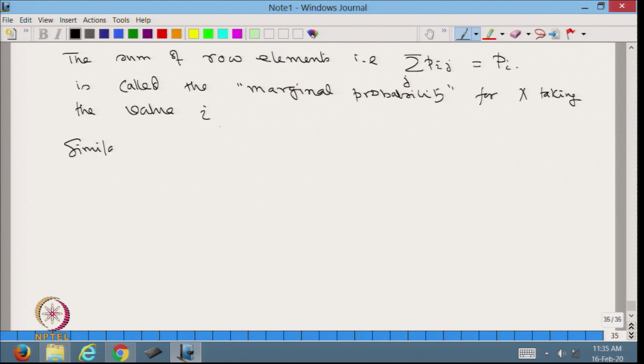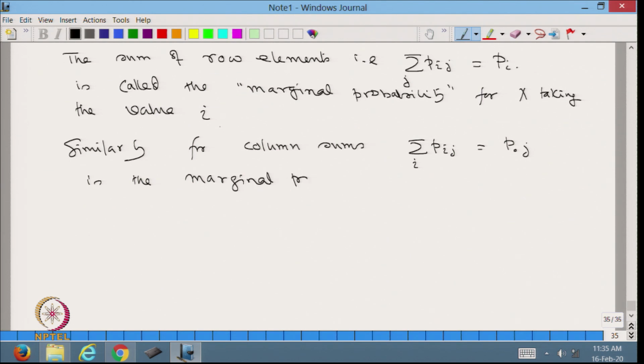Similarly, for column sums, sigma Pij over i, called P dot j, is the marginal probability for y taking the value j.